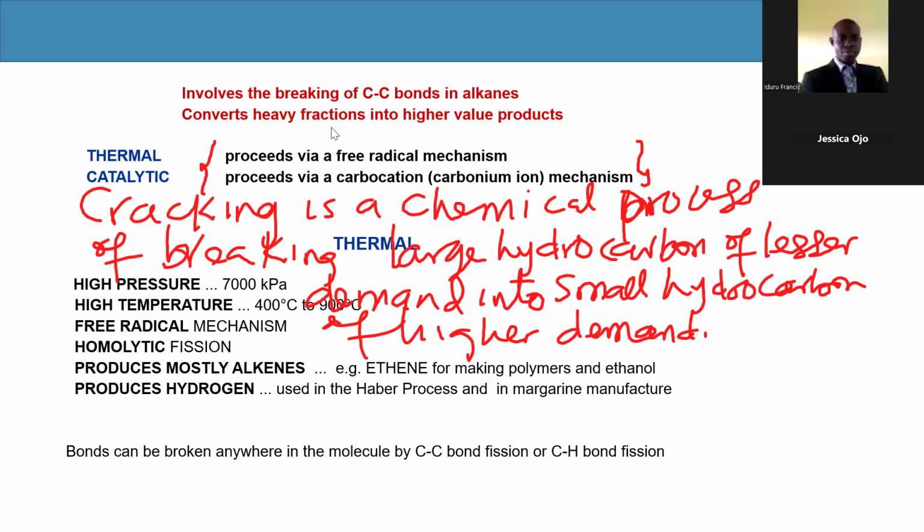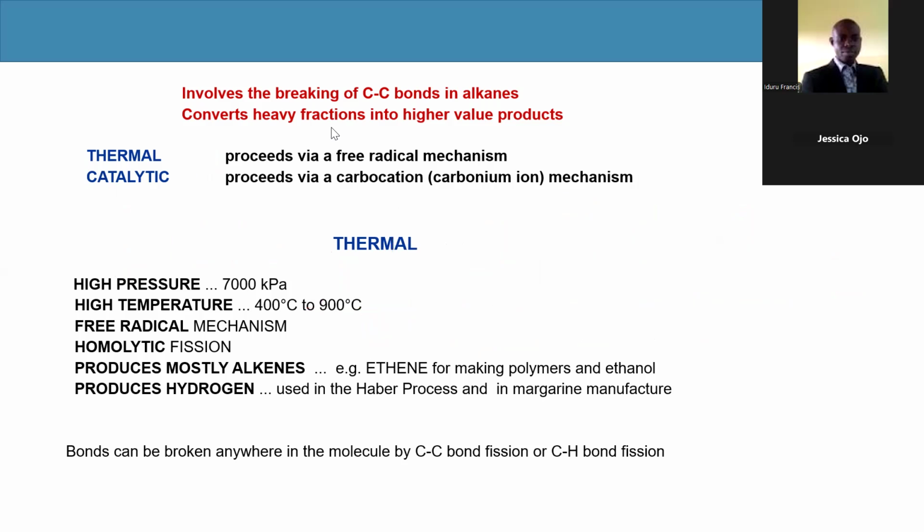Then we'll talk about now the conditions for the reaction. Let's look at thermal first. Under thermal cracking, you will need high pressure, even though the value may not be stated. So high pressure, if you are very bold, just 7,000 kilopascal. But simply high pressure is okay.